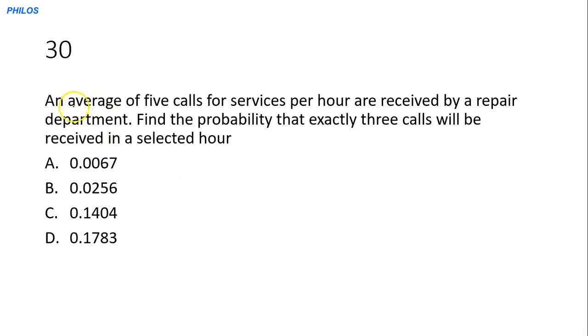Question 30. An average of 5 calls for services per hour are received by a repair department. Find the probability that exactly 3 calls will be received in a selected hour. So, they said exactly 3. So, probability that x is exactly 3 should be equal to mean exponent x.